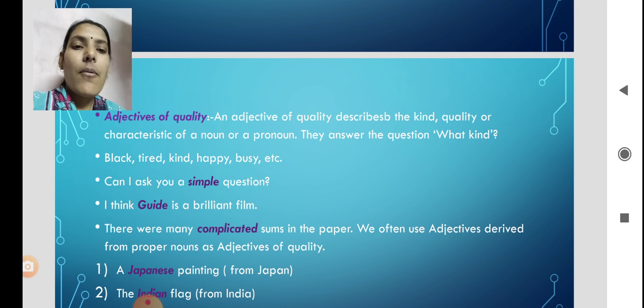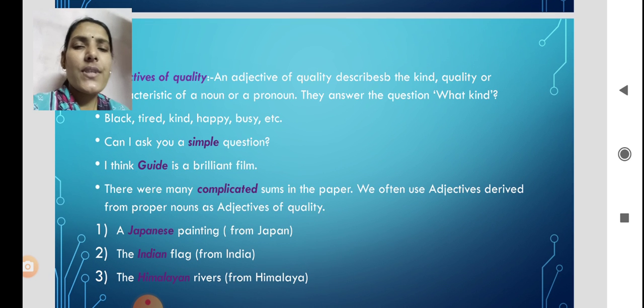There were many complicated sums in the paper. Complicated, it's an adjective. We often use adjectives derived from proper nouns as adjectives of quality. It means from a proper noun we can derive, we can borrow.